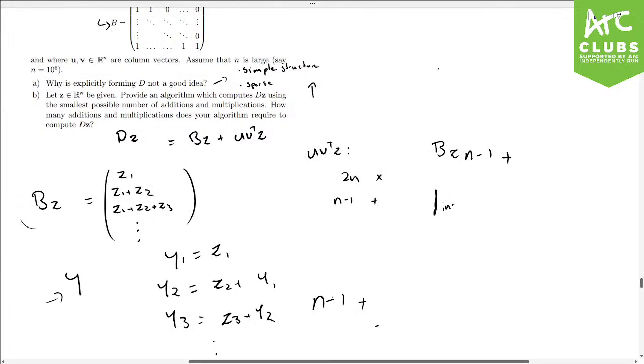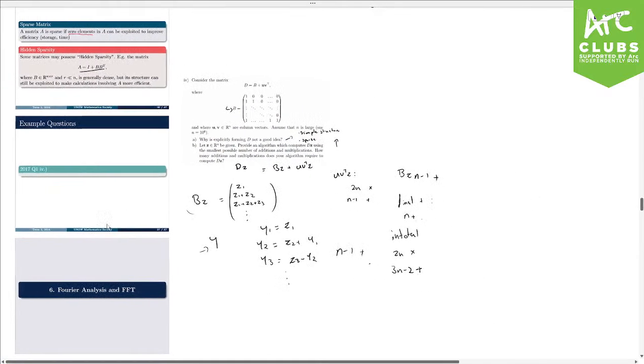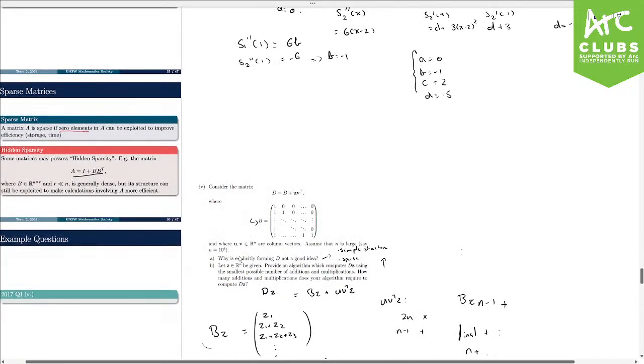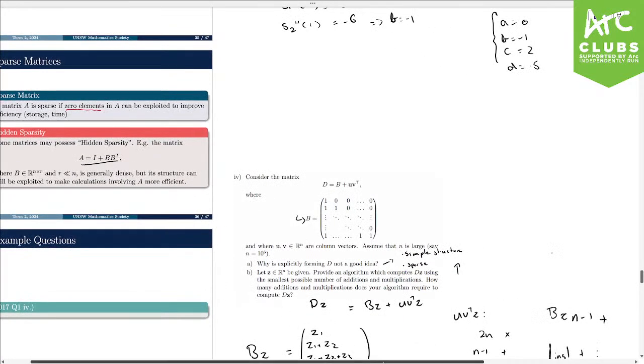So in total, to calculate Dz, we need 2n multiplications and then n minus 1 plus n minus 1 plus n, which is 3n minus 2 additions. So this is an example of a sparse matrix question that has popped up in quite a few variants in the past papers.